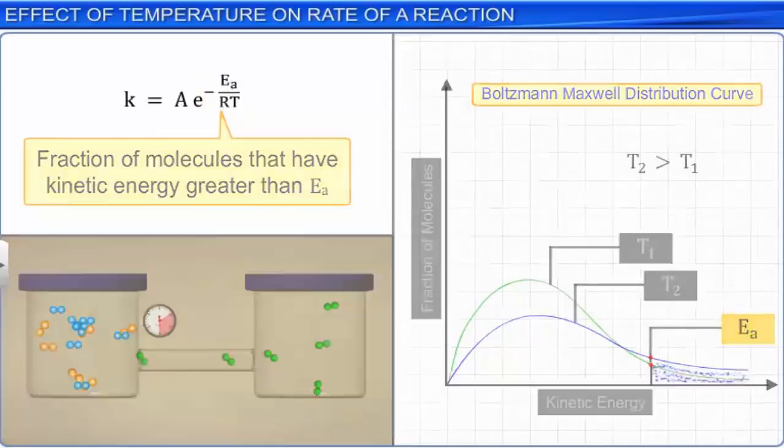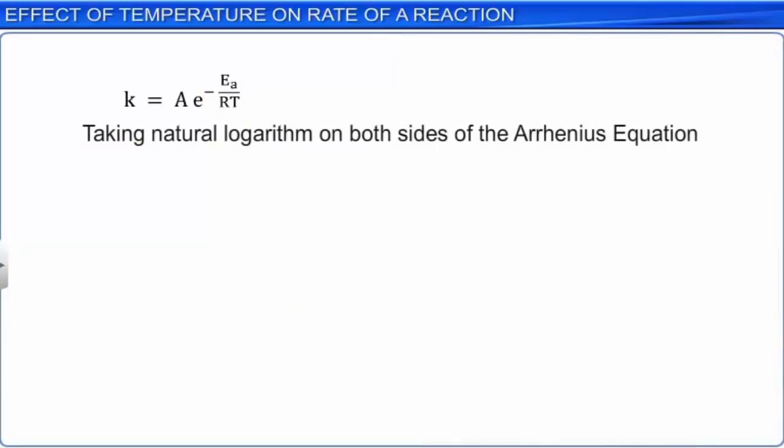Taking natural logarithm on both the sides of the Arrhenius equation, we get log to the base e multiplied by k is equal to minus EA by RT plus log to the base e multiplied by A. Let this be equation 1.